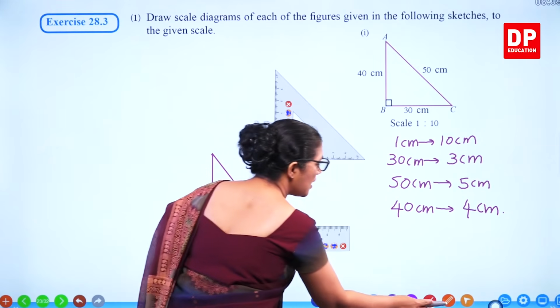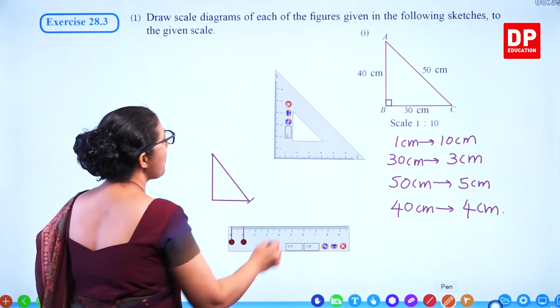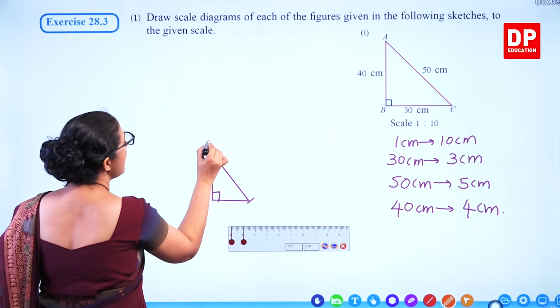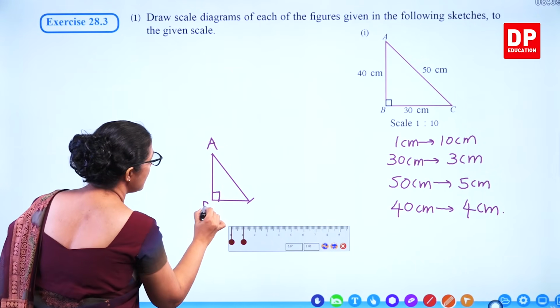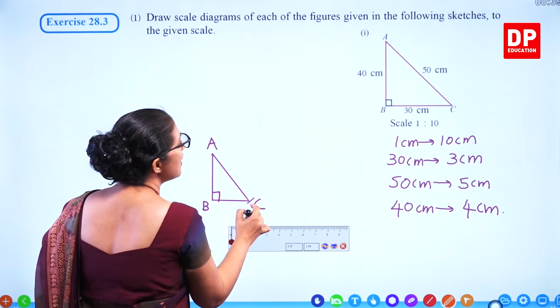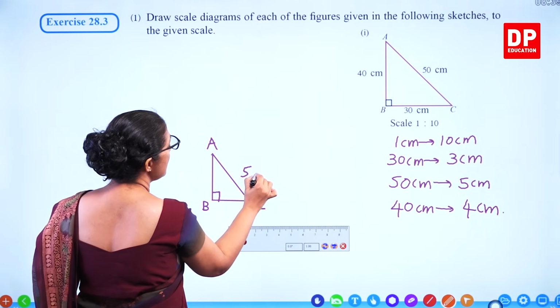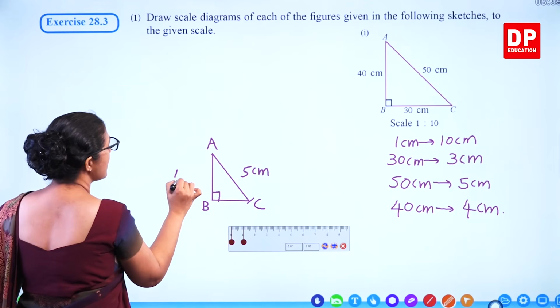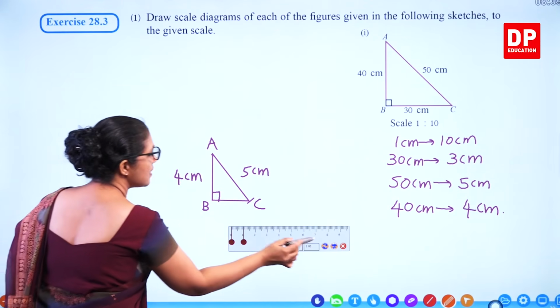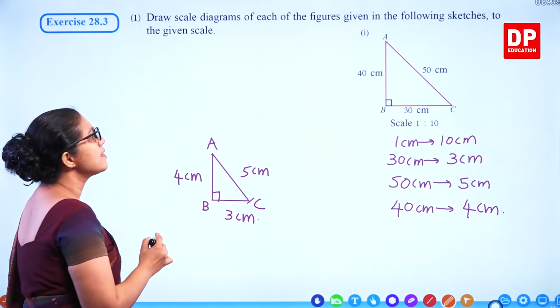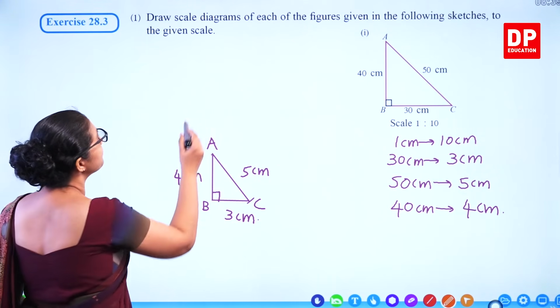So this is the triangle A, B, C, and this is 5 centimeter length, this is 4 centimeters, and this is 3 centimeter length. So this is the scale diagram.